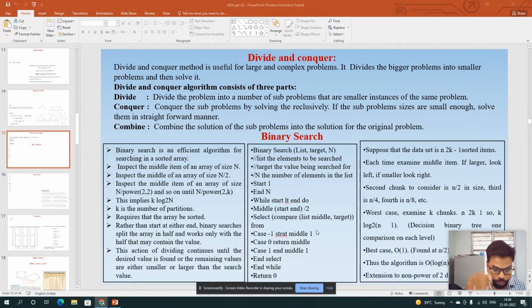And once the subproblems become small enough that they are no longer recursive, meaning when the size is 1, further division is not possible. When further division is not possible, we say that the recursion bottoms out.